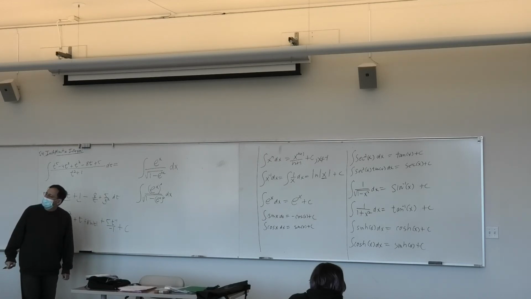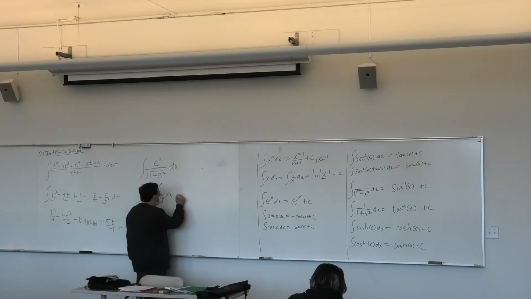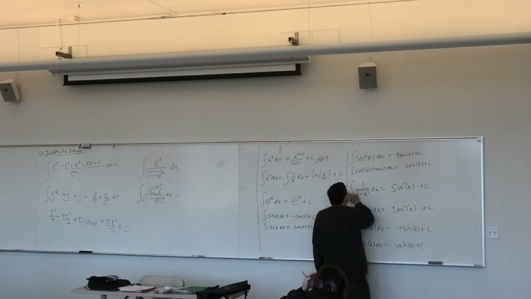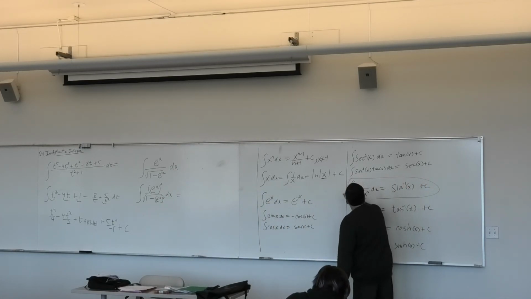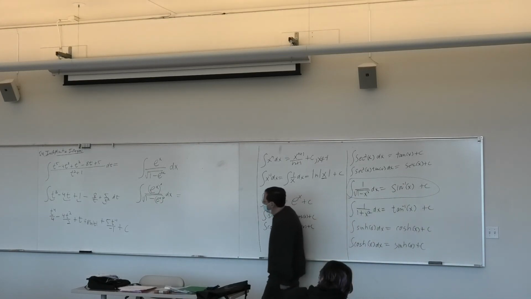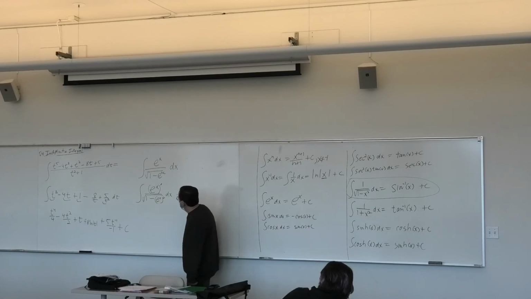Anyone want to throw out a guess? I saw that hand. What do you think it might be? It follows the pattern of the arc sine, where instead of x you've got some function which happens to be e to the x.